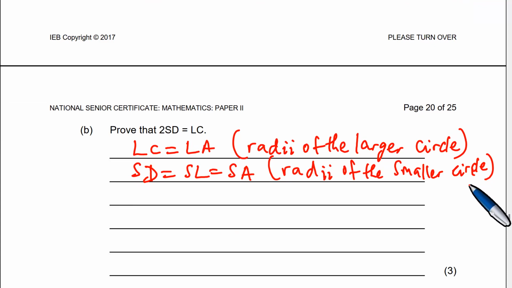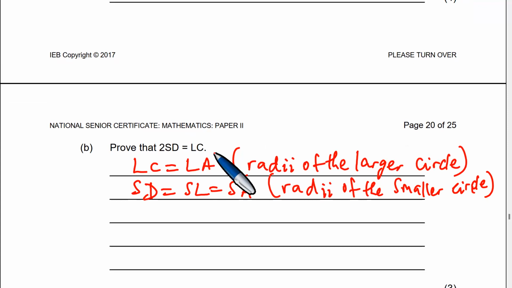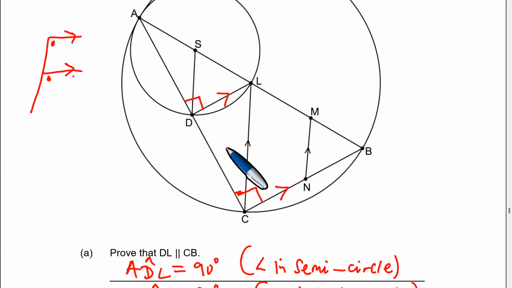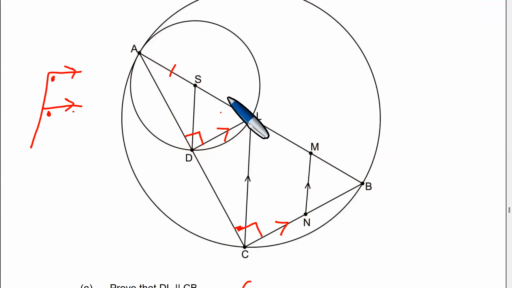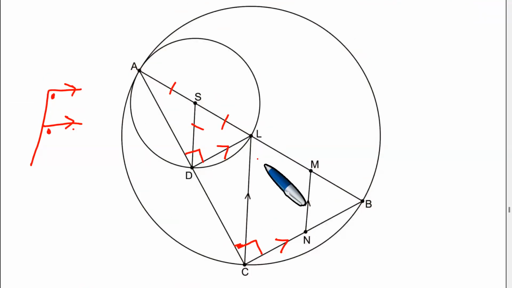Okay, next point. We've seen that this line equals this line equals that line. Those are line segments that are equal to each other. But also we know that LA is SA plus SL.